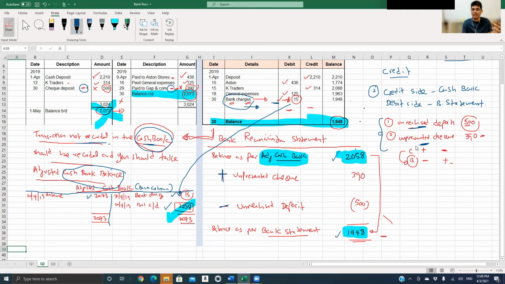Just simply identify that. Then you make an adjustment here and you will get the balance as per bank statement. So this is the basic bank reconciliation. This is how you prepare the bank reconciliation statement.